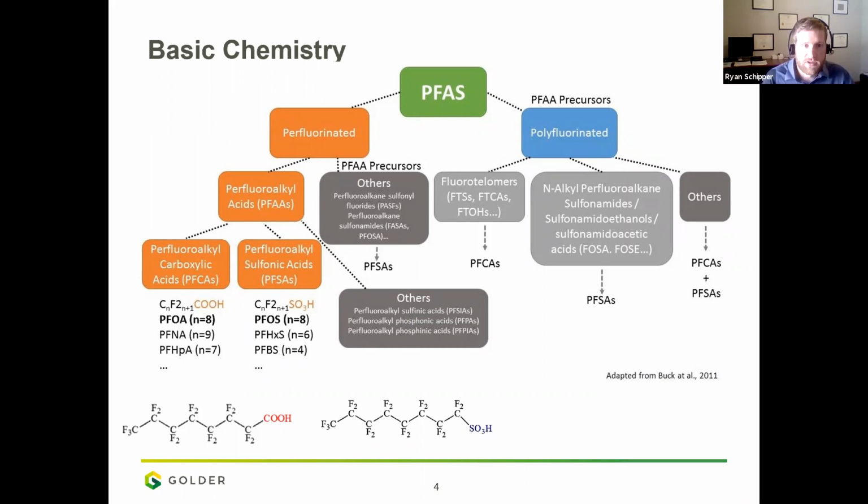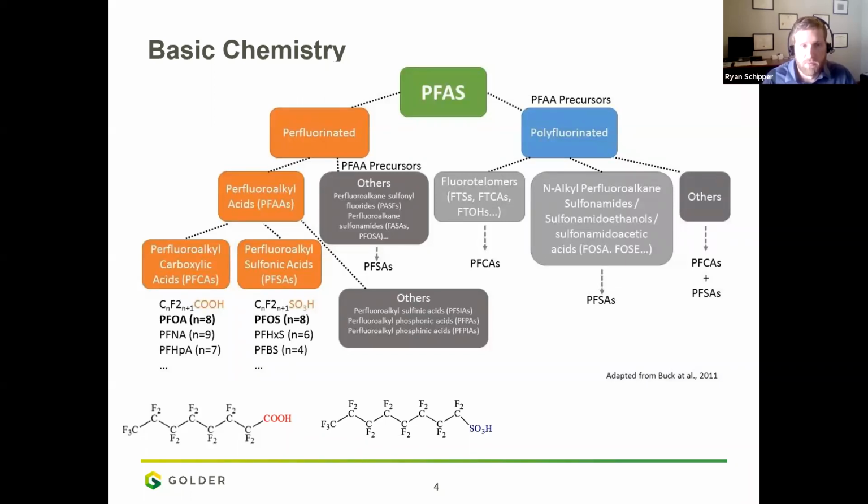Within these perfluorinated compounds, we have the perfluoroalkyl carboxylic acids, which include PFOA, and the perfluoroalkyl sulfonic acids, which include PFOS. You can see those in the bottom left of your screen.